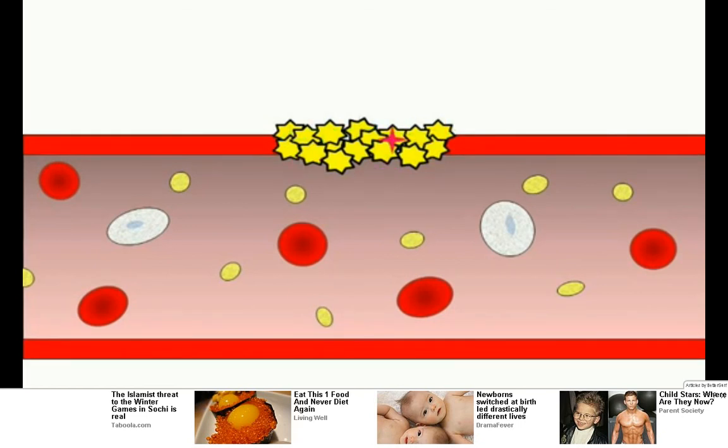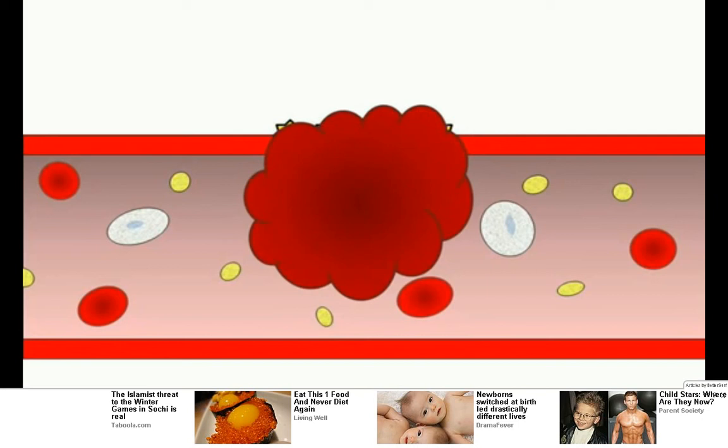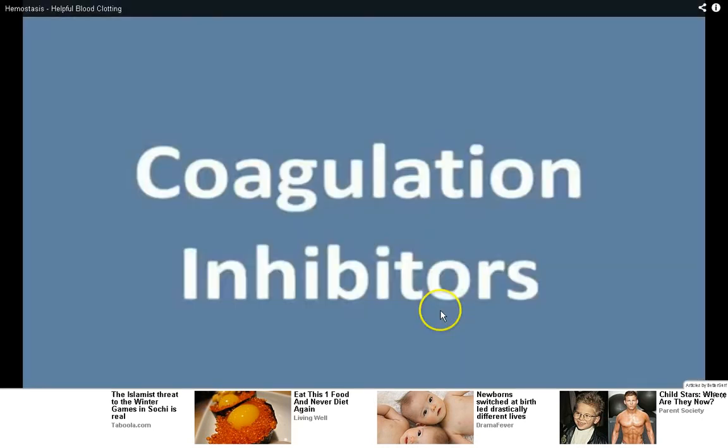But this is taking things a little too far. We've got to shut off the power.